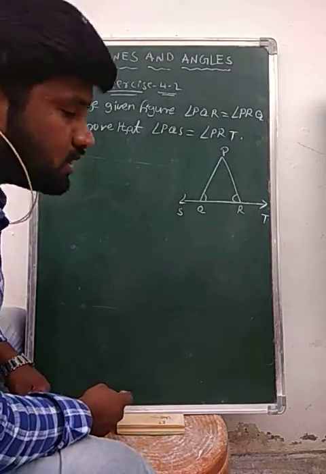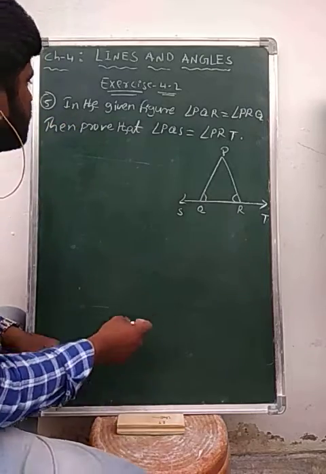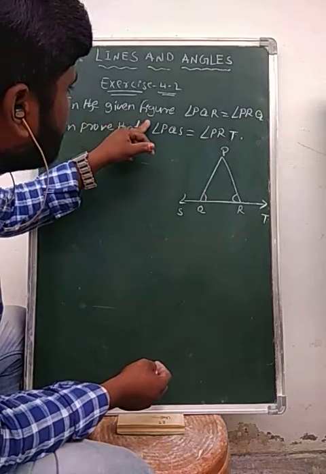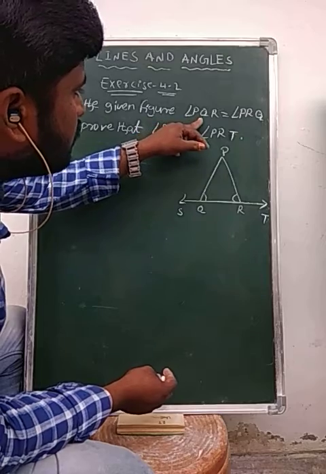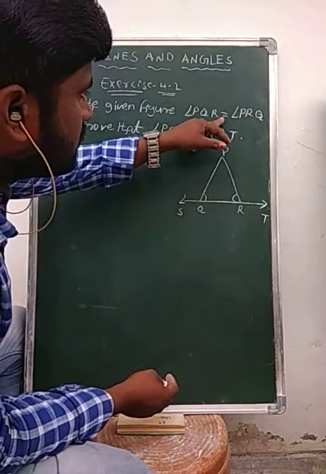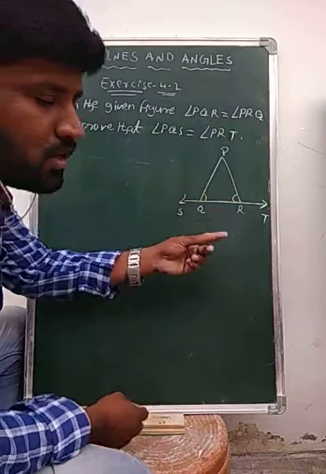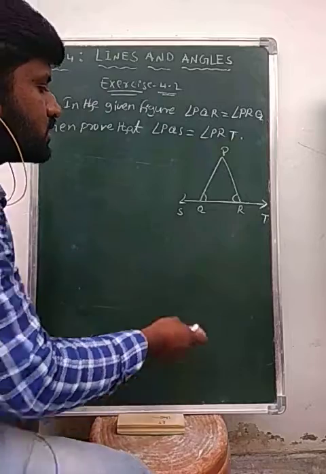Okay students, now see question number 5. The question is: in the given figure, angle PQR, simply angle Q, is equal to angle PRQ, that is angle R. These two are equal angles.